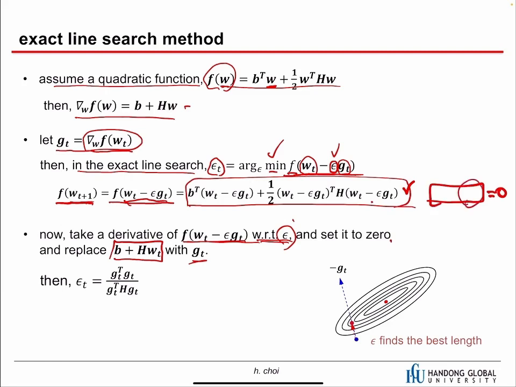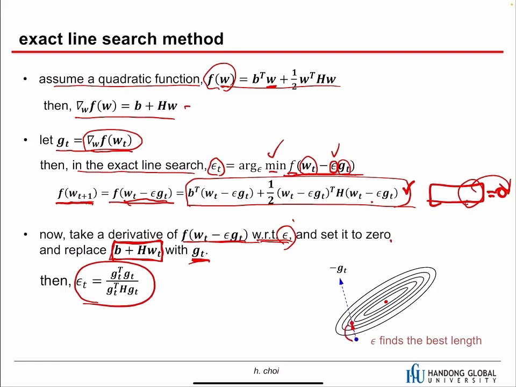Then move some term to the right side, and replace this term with this one. Then you will get this. So it means epsilon_t is the step size of this.